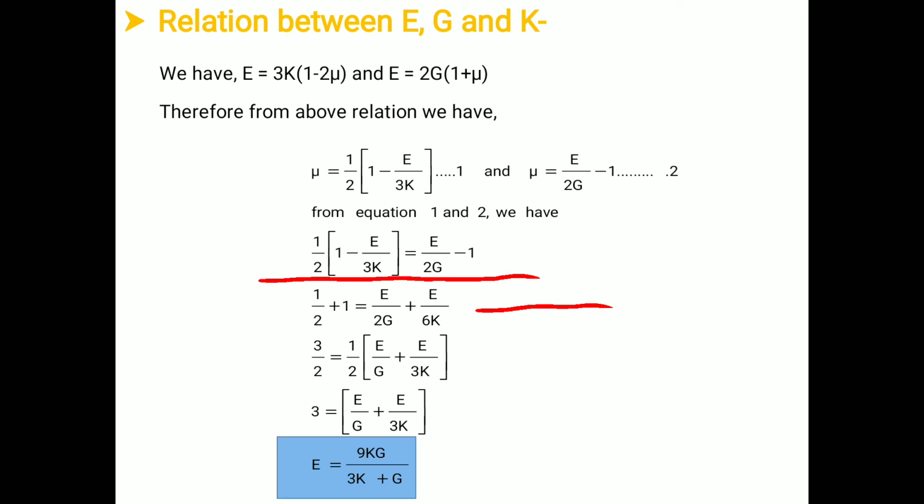Therefore, I have 3 upon 2, which is equal to 1 upon 2 into bracket E upon G plus E upon thrice k. After solving it for the value of E, I have the final relation between E, K and G, and that relation is E equal to 9KG upon 3K plus G. This is the final derivation or relation between E and K and also E, K and G.